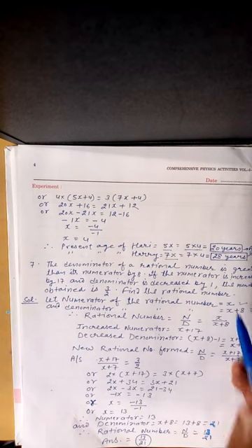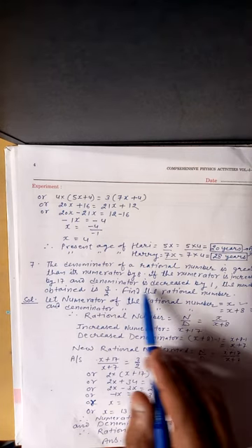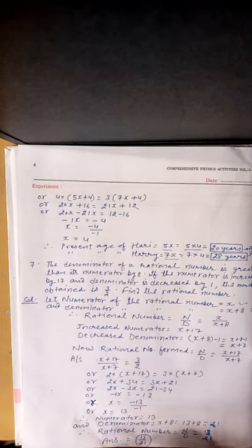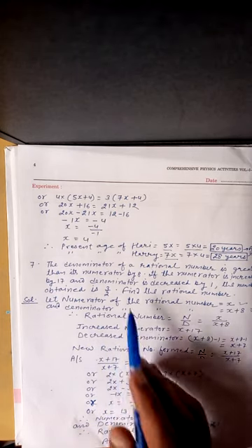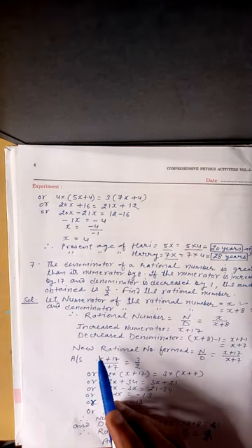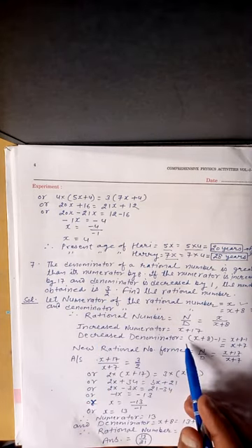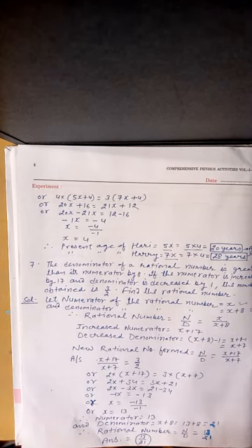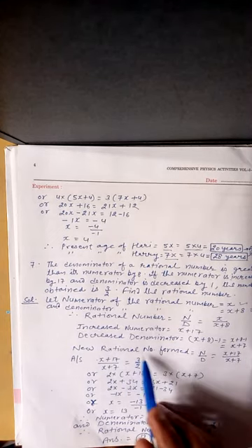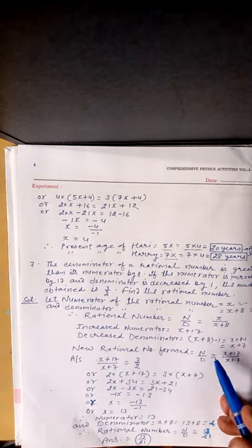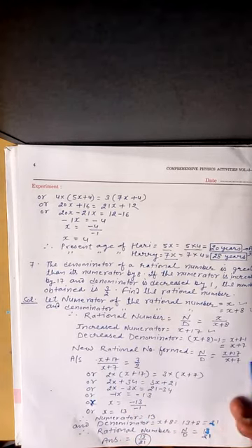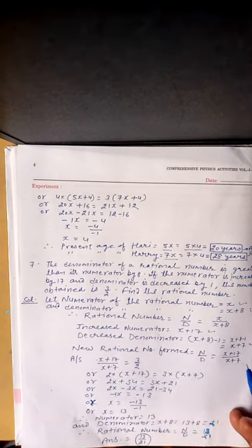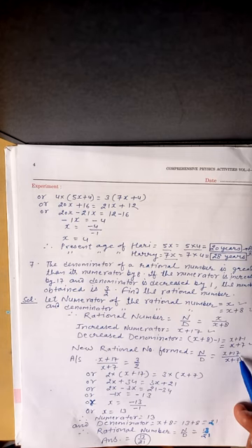Before it the numerator was x, now it is increased by 17. The denominator is decreased by 1, therefore the decreased denominator is x plus 8 minus 1, that is x plus 7. Therefore the new rational number is x plus 17 upon x plus 7.